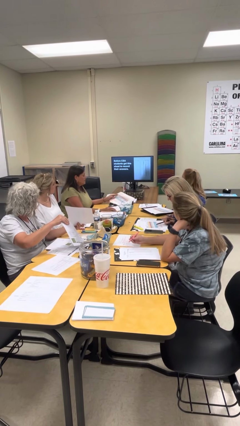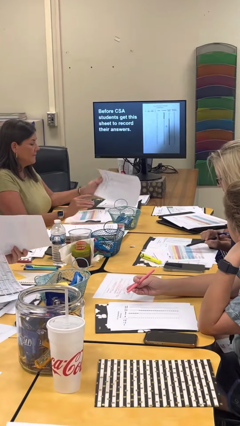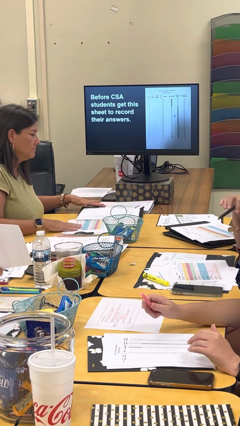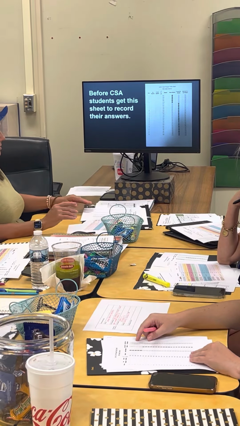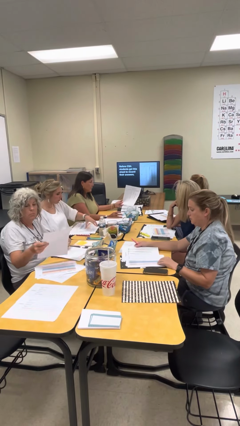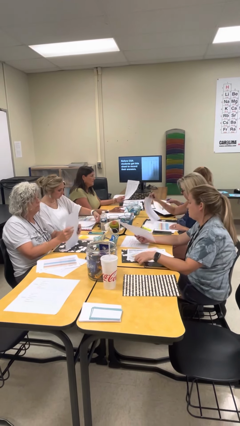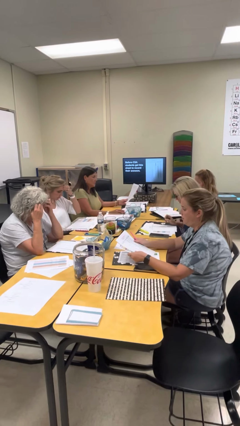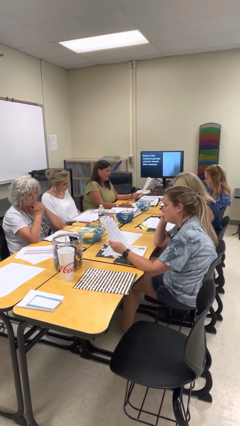So before their test, before every CSA, Common Summative Assessment, their unit test, they get this sheet, this passport data sheet. And it's pre-filled in, so like the one that you have is the Unit 6 test passport data sheet. And I go in and fill it in by standard. So you'll notice like number 1 is 8.6a.